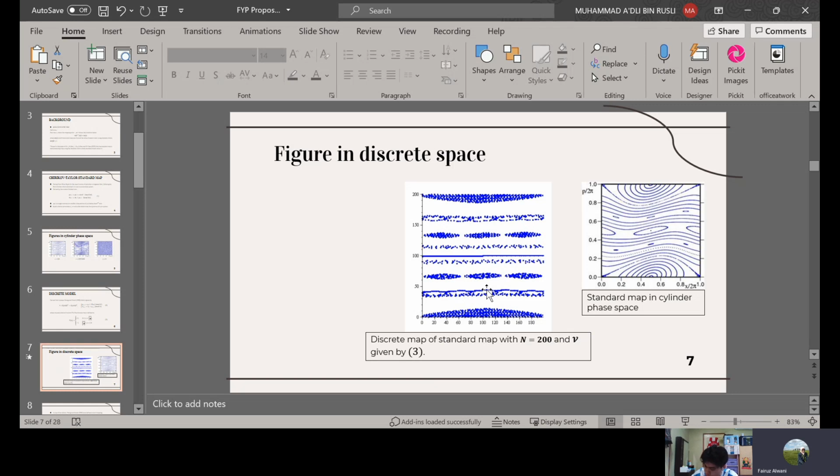Yang ni dia ada number of island, order of island dia panggil, order of island tu ada varies. Dia ada 1, dia ada 2, dia ada 3. Lepas tu kalau kita increase lagi kita punya E tu, epsilon tu, mungkin dia akan jadi ada 4, ada 5, macam tu. Itu beza nombor 2. Okay. So kalau dia tanya lah, kalau dia tak tanya tak payah jawab. Itu untuk extra information untuk ahli. Okay.